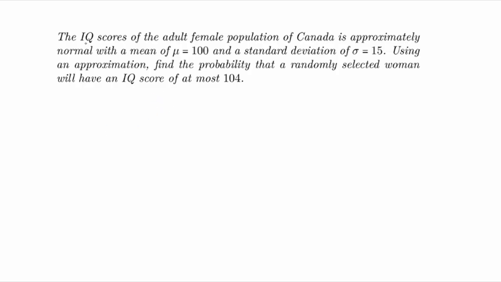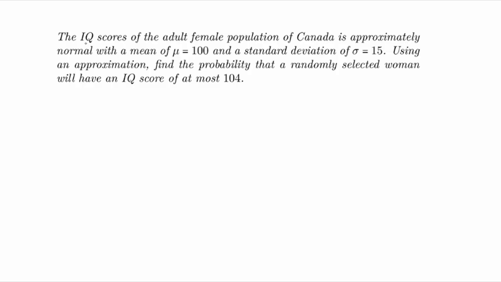So the IQ scores of the adult female population of Canada are approximately normal, with a mean of 100 and a standard deviation of 15. Okay, and you know IQ is measured as a discrete value, because you can have IQ 1, 2, 3, 4, 100. You cannot have an IQ of 100.25, right? So you're discretely jumping from one integer number to another.